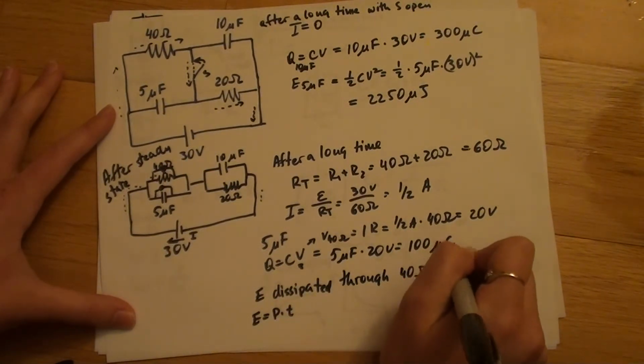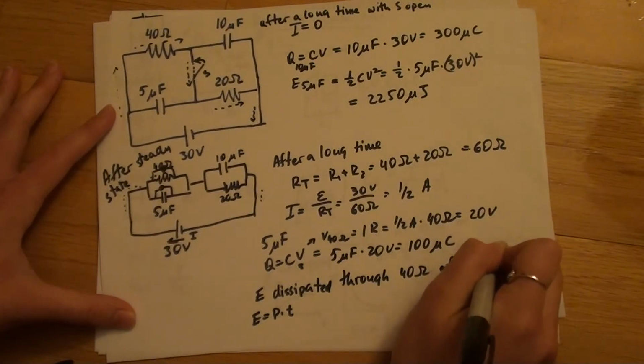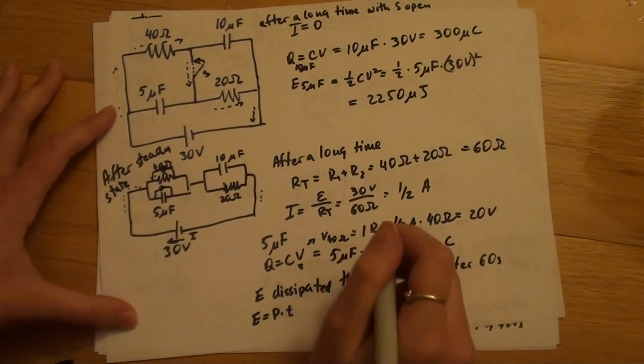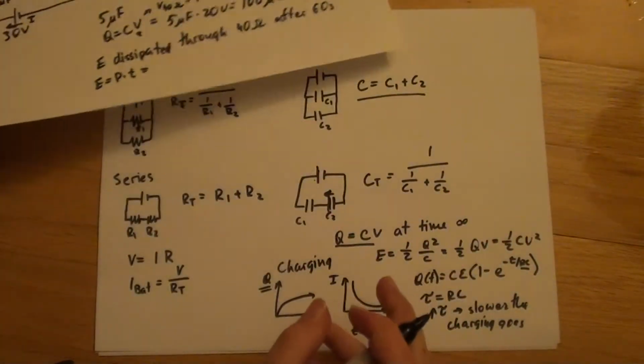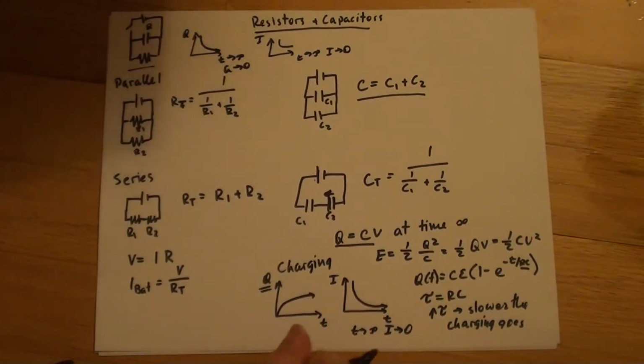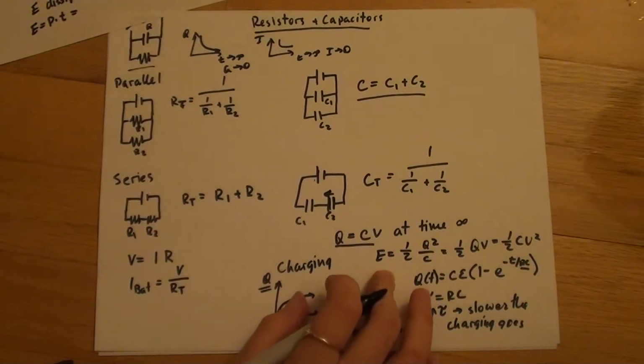So after 60 seconds. So the power is given by the formula. Did I write it here? Oh, I thought I wrote it here. Well, let me just give you the power formula.